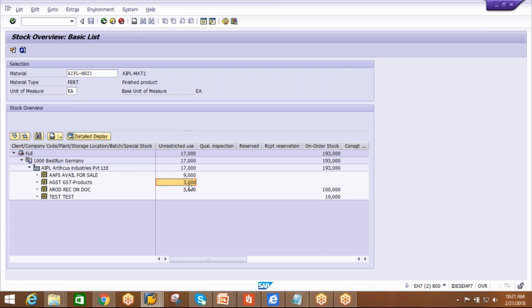I will explain. I will give you one overview. Your question is whether it is possible to maintain the GST in the inbound delivery IBD of the ECC system. Just create one purchase order and inbound delivery against this GST.